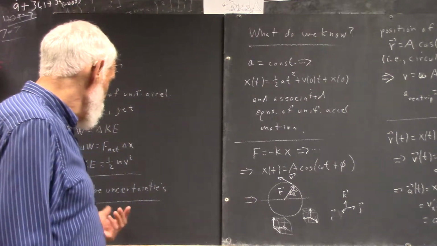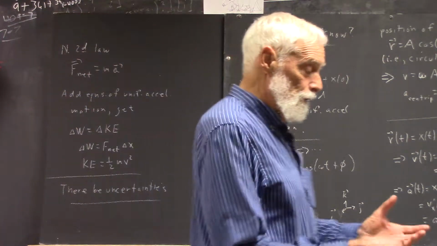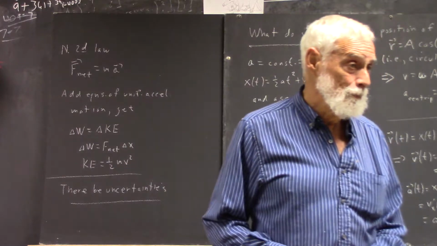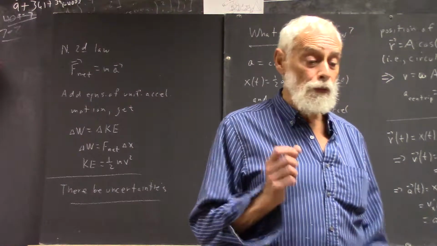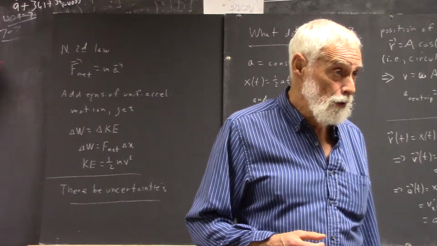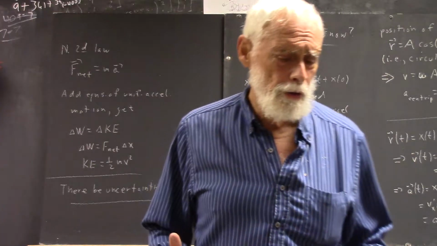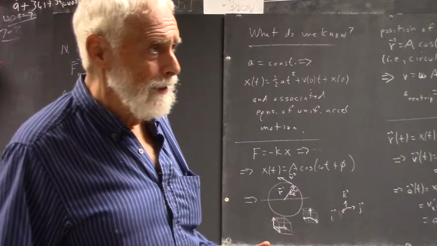Because everything is at the level of probability when you come down to the quantum level. Okay? You never know when that electron's going to jump from one orbital to another. You never know when this reaction is going to occur. You never know when that nucleus is going to decay.